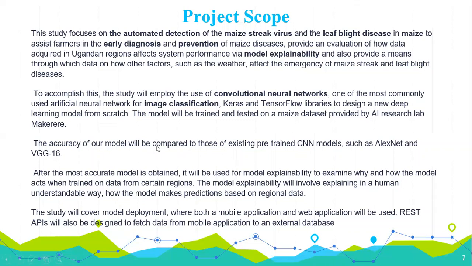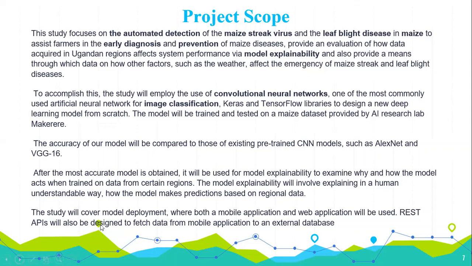Now, the accuracy of our model will be compared to those of the existing pre-trained CNN models, specifically the famous AlexNet and the VGG16, to see how these models perform compared to ours. After that we shall choose the best performing model, and we shall use it for model explainability to examine why and how the model acts when trained on data from certain regions.